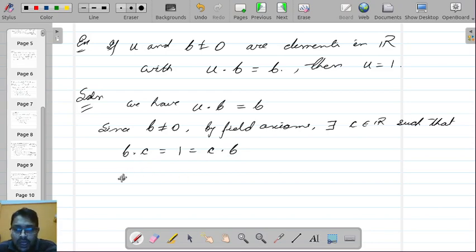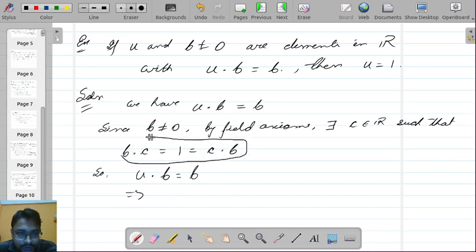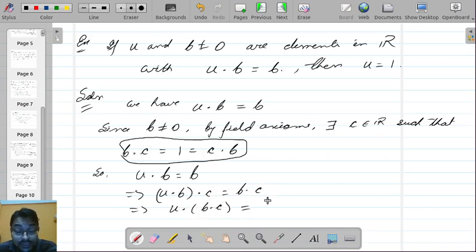Then it is given to us that u dot b equal to b. I want to use this property somewhere, so I multiply both sides by c. So u dot b dot c will be equal to b dot c. Next I use the associative law of multiplication, which was also listed as one of the field axioms.